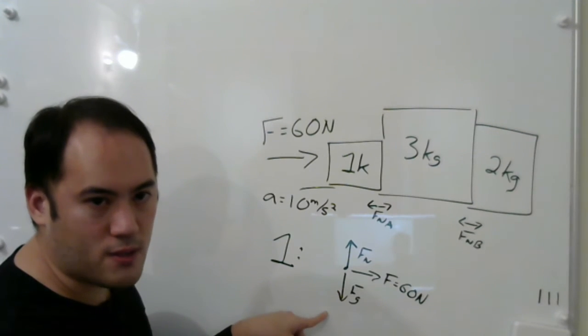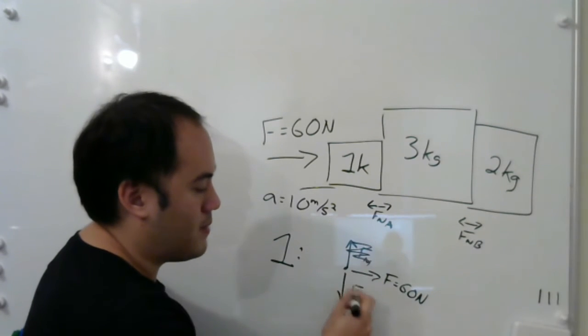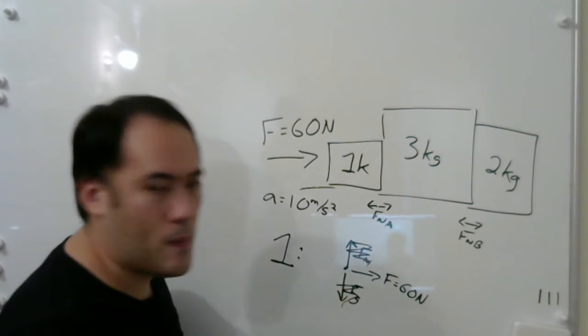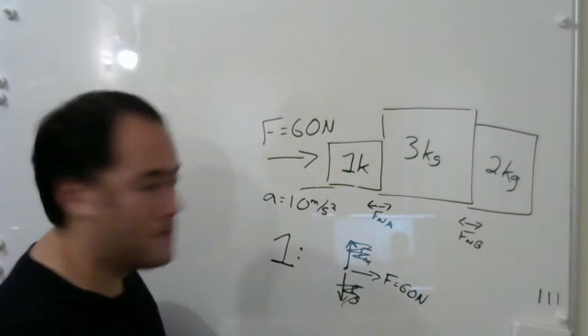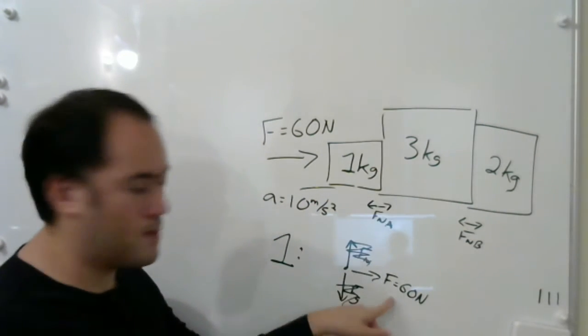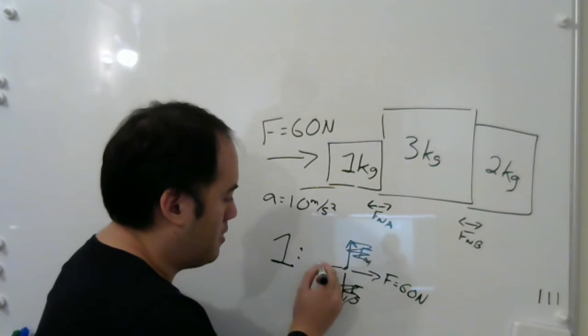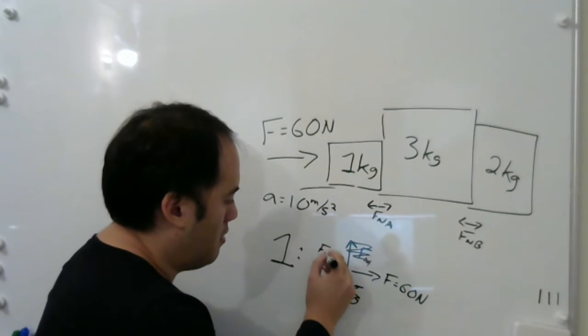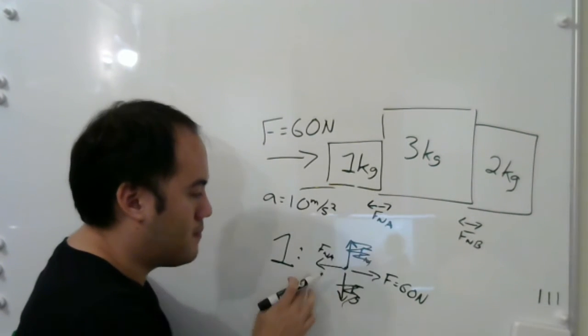Fg, the downward force from gravity. We could find them, we don't need to, they don't matter. They add up to 0. Force F is applied to block 1. So that's 1. And there's one more force. The normal force right here is acting on block 1.